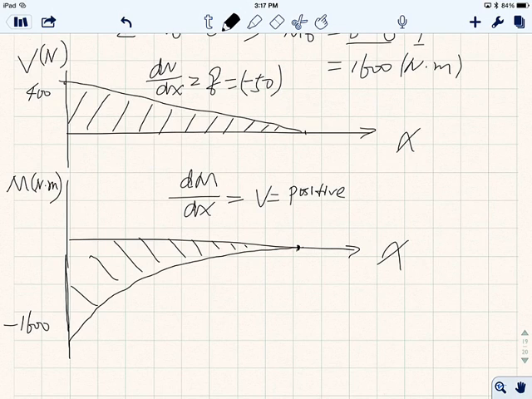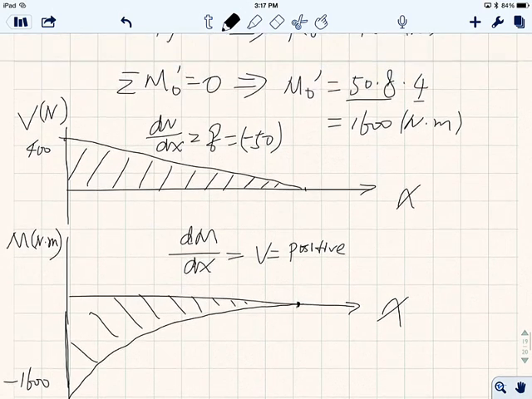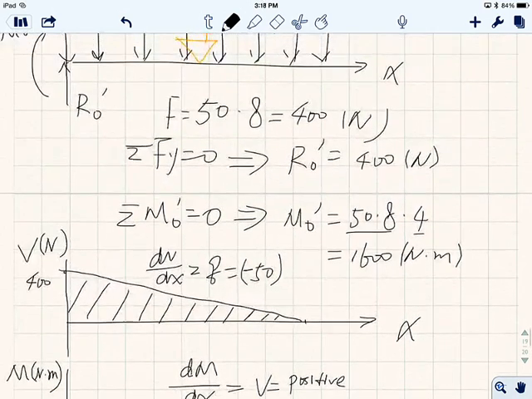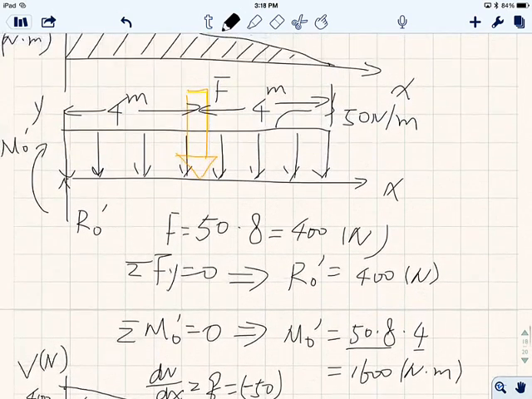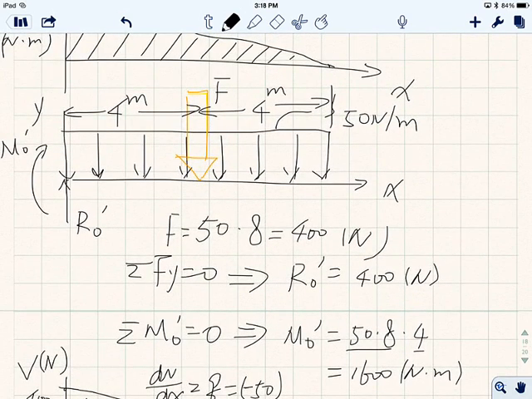Now let's go back to see why it's negative. Okay, see here. So this force is going to make this beam rotate clockwise, right? So therefore, this M0 prime actually is going to be what? Counterclockwise, right? Okay, now here's something interesting.